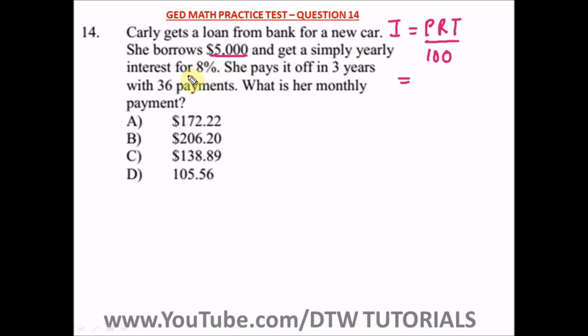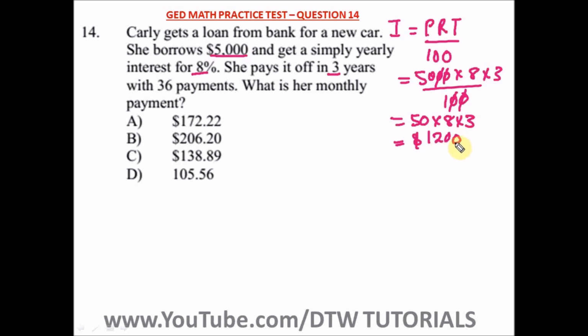Our rate is 8%, and she's paying it off in a time of 3 years. So we have 5,000 times 8 times 3 divided by 100. This 0 will cancel out this 0 here, this 0 will cancel out this 0 here, and we have 50 times 8 times 3. And when you punch in these values into your calculator, we are going to have what?